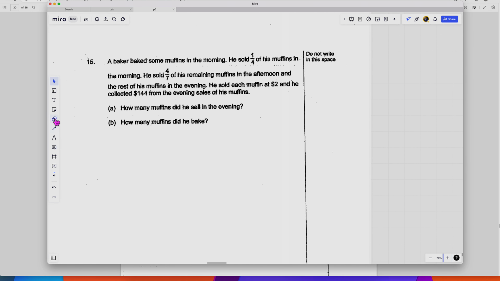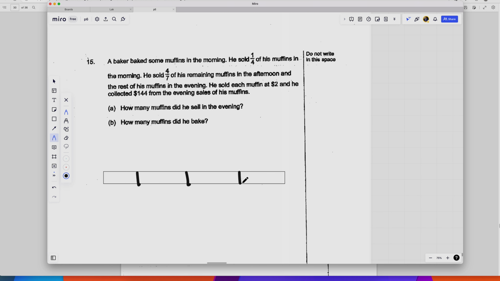So you start off with a block. I prefer to use this because I can just get a block very fast. So you have some muffins, right? He sold 1/4 of his muffin. So you break it into how many parts? 4 parts, right? Very simple. So break it into 4 parts.